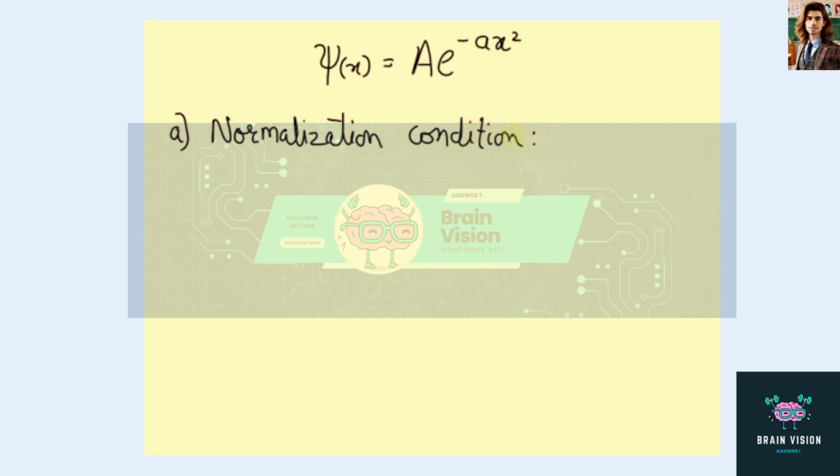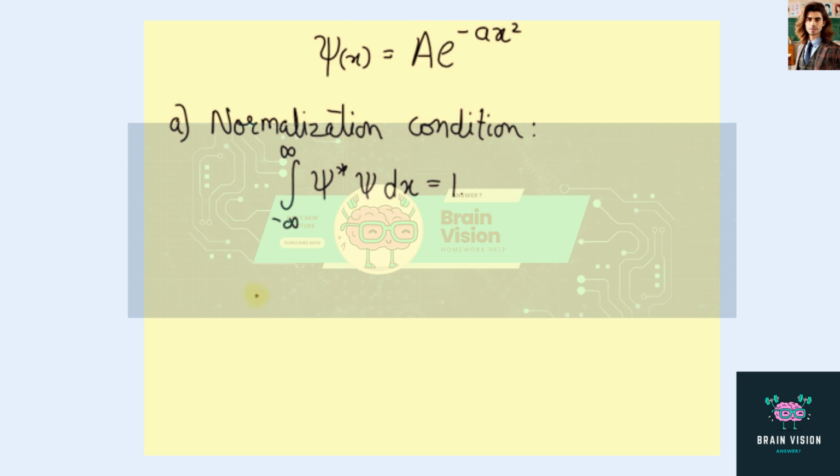According to the normalization condition, we have the integration from minus infinity to plus infinity of psi star psi dx is equal to 1. So this psi star means the conjugate of this psi. Here there is no imaginary part, so what we get is the integration from minus infinity to plus infinity of a e raised to minus a x square, times psi itself, a e raised to minus a x square, dx, and that should be equal to 1.